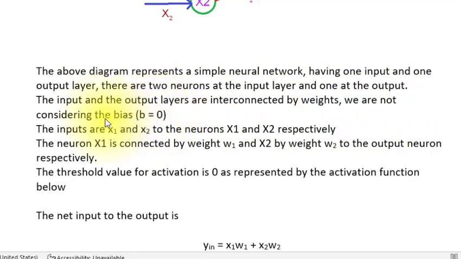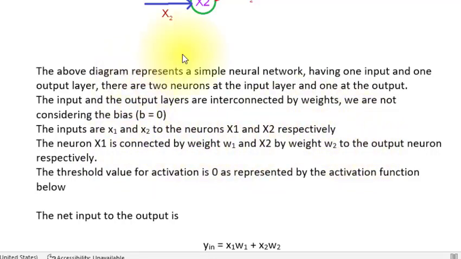The concept of bias we will see in the next video. Here we only consider the input and the output nodes. x1 and x2 represent the inputs to the neuron, y represents the output neuron, and W1 is the weight of x1 and W2 is the weight of x2.